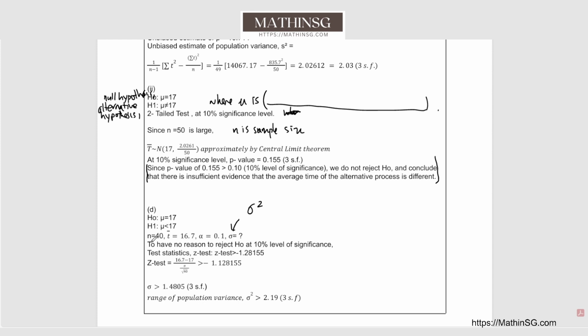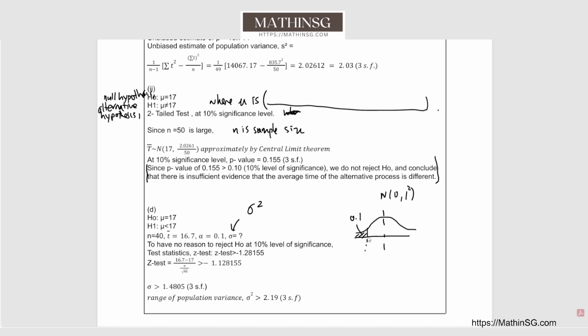So as we have talked about just now, to have no reason to reject H0 at 10% significance level, the test statistic must lie outside the critical region, right? Because we are doing a one-tail test and it is a less-than test, this area is 0.1. If I have a normal distribution with mean 0 and standard deviation 1, then use your inverse norm.